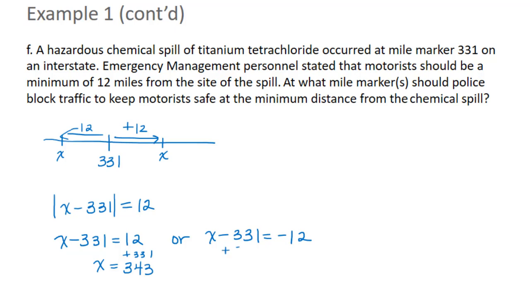And then if we add 331 to negative 12, we get X is equal to 319. So police should block traffic at mile marker 319 and mile marker 343.